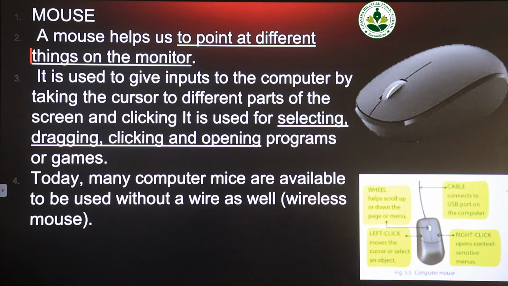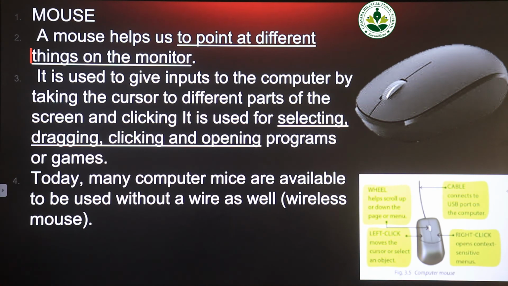So cursor is a small blinking line or a small pointer. When we move our mouse, the cursor will be moving in different parts of the screen.